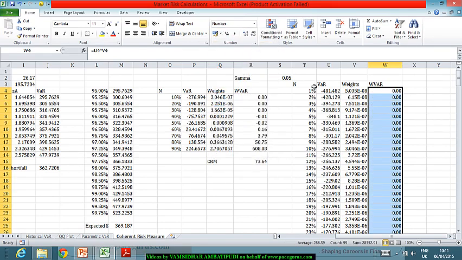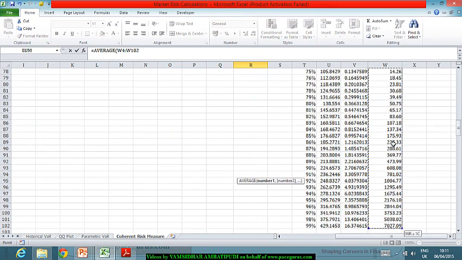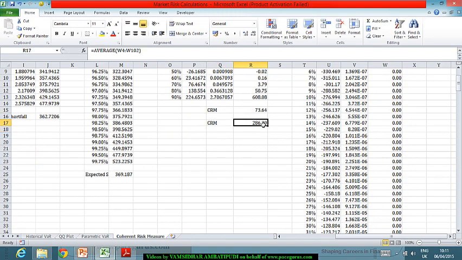Probably it's better that I compute. Based on this, if I want to compute the coherent risk measure, it comes out as the average of all of them, which works out as 286.